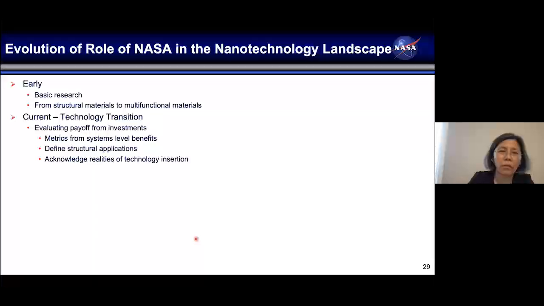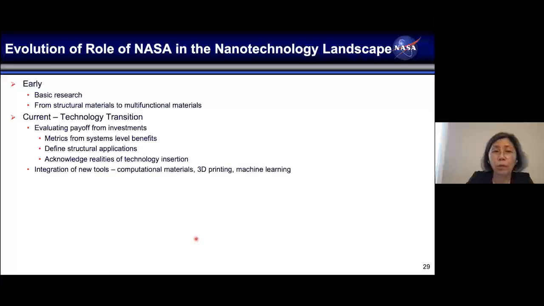So we are understanding how to evaluate the payoffs from these investments using systems level benefit analysis, prototyping for structural applications, and acknowledging the realities of technology insertion, that I had talked about. We're integrating new tools as we go along, not just computational materials, but 3D printing and another highly hyped technology, machine learning, as it applies.